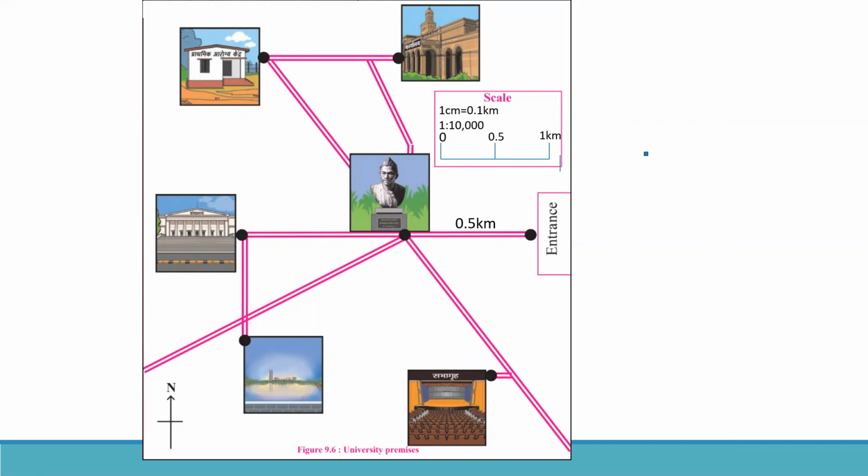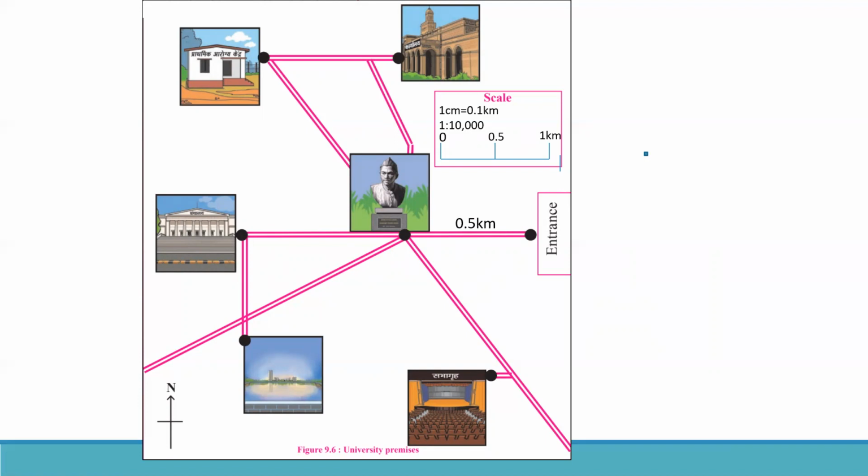So what is the conversion here? 5 centimeter is 0.5 kilometer. If 5 centimeter is 0.5 kilometer, what will be your verbal scale? 1 centimeter will be 0.1 kilometer. This is your verbal scale. They've given that empty space on top, a block, where we have to mention all three types of scale. So on the basis of the data given, the distance from the entrance to the statue is 0.5 kilometer.